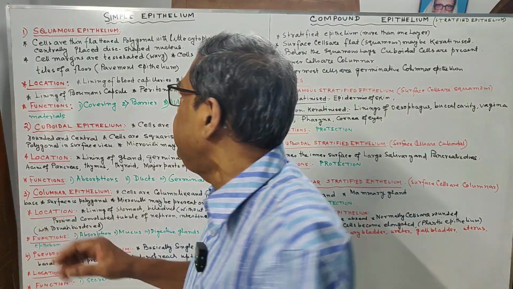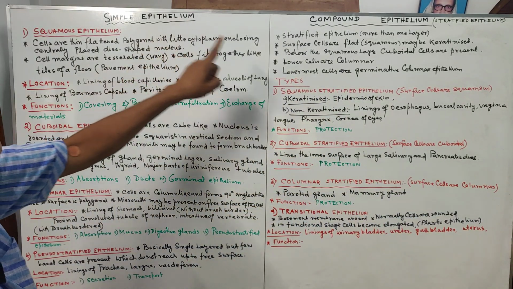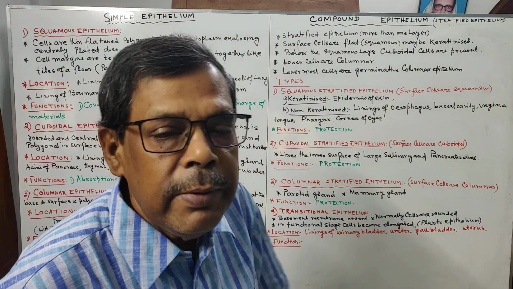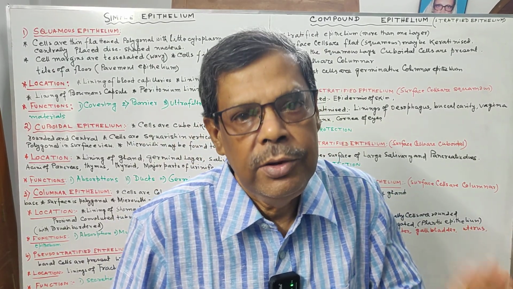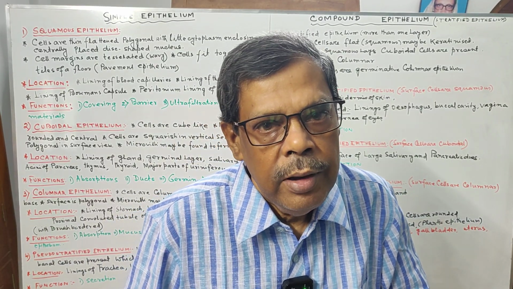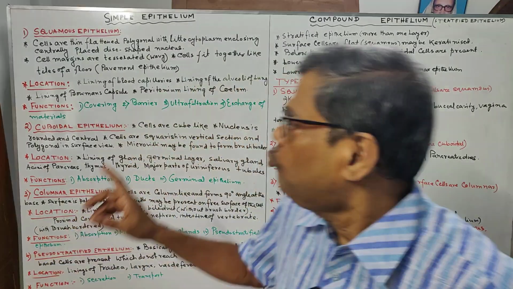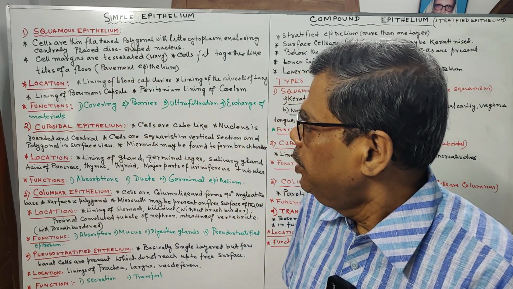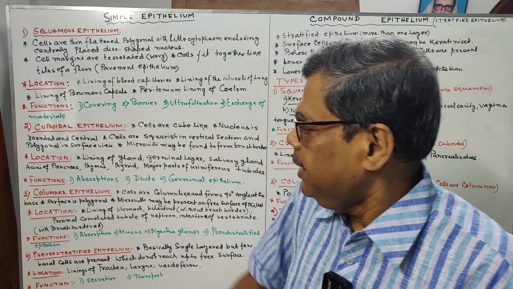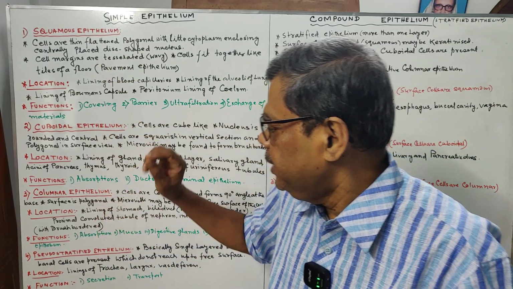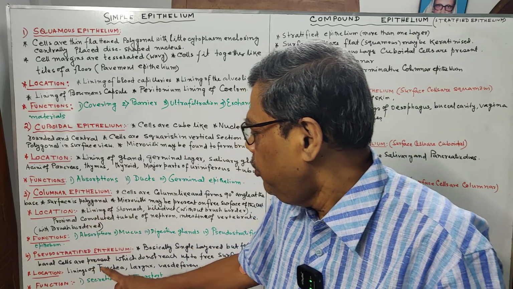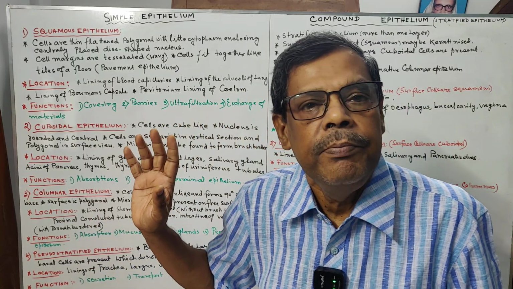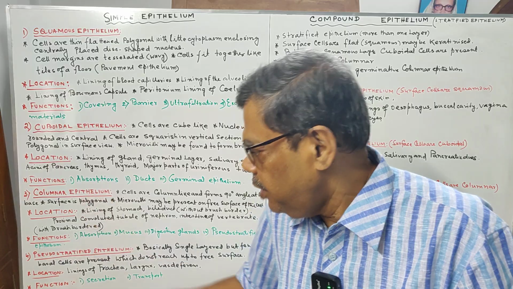Next, the simple epithelium or simple epithelial tissue. There are several kinds of simple epithelial tissue, named: first squamous epithelium, next cuboidal epithelium, next columnar epithelium, next pseudostratified epithelium.